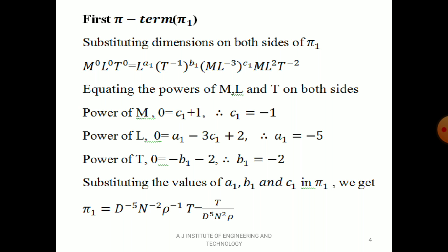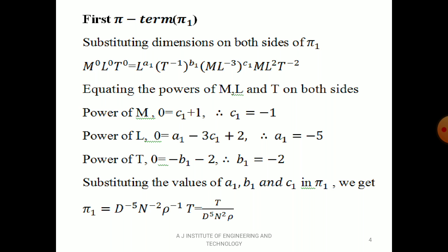Therefore, upon rearrangement, c1 equal to minus 1. Then equating the power of L, on the left hand side we have L to the power 0, on the right hand side we have L to the power a1, L to the power minus 3c1, L square. So we can write the expression as 0 equal to a1 minus 3c1 plus 2. This is the expression by equating the power of L.